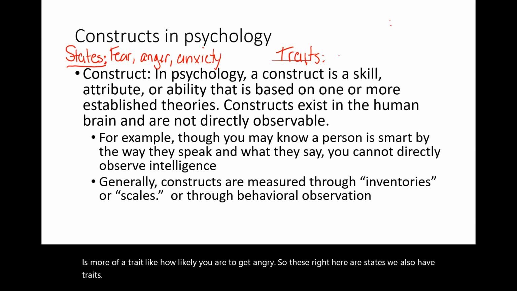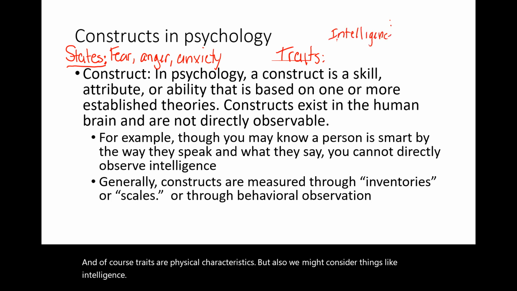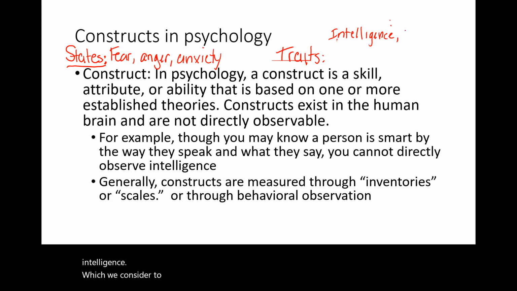And of course, traits are our physical characteristics, but also we might consider things like intelligence, which we consider to be somewhat more stable. Introversion, somewhat more stable. Sensation seeking is a trait that tends to be stable.